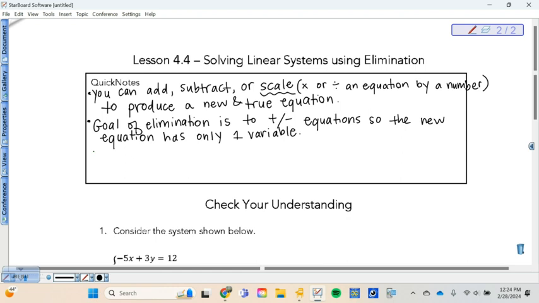Okay, and then once I have one equation, one variable, I can solve for the remaining variable. This is the last thing. Solve for the remaining variable.